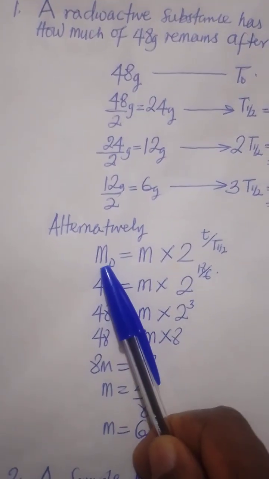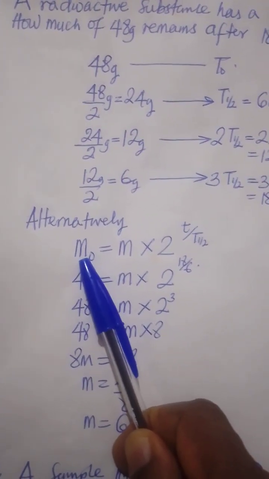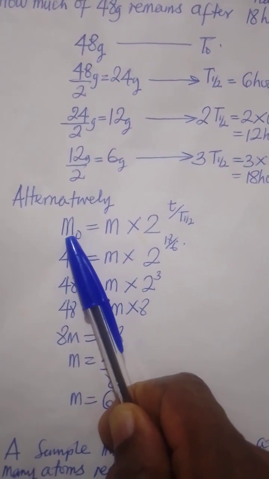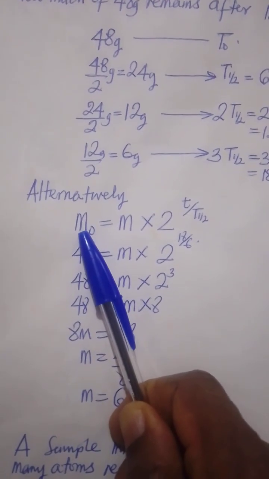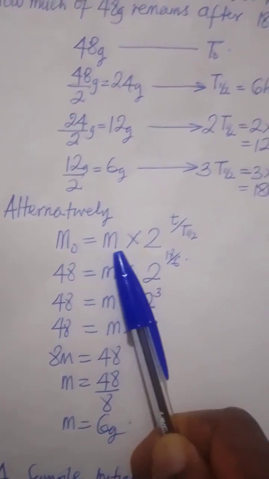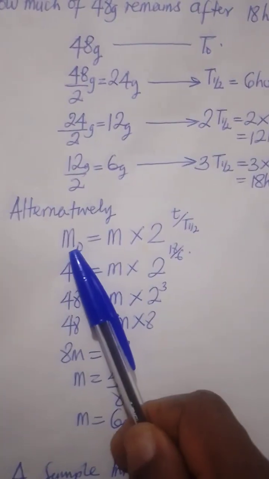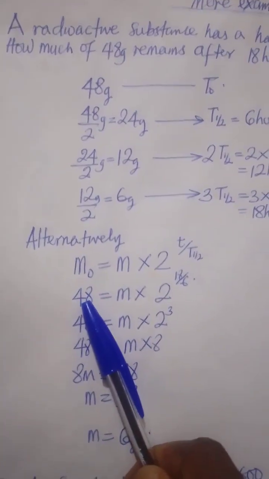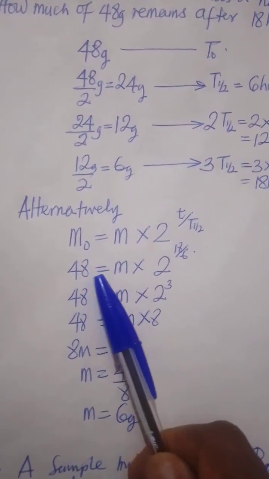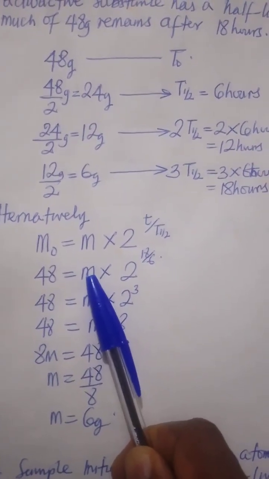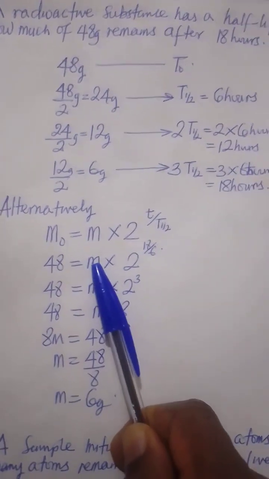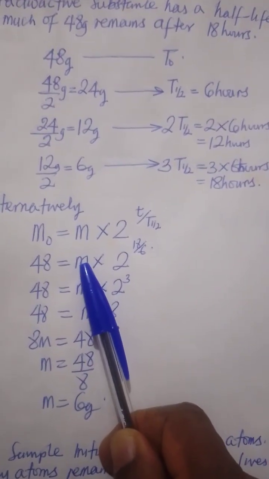Alternatively, we can use this formula. You're familiar with this formula. I asked you the other time to commit these formulas to memory. So M naught is M times 2 raised to the power T over T half. The original mass given in the question is 48. We're told to get the mass that is left after it has undergone disintegration.